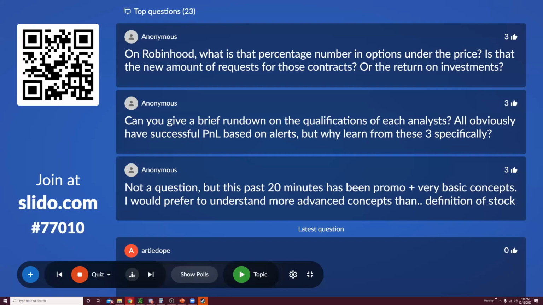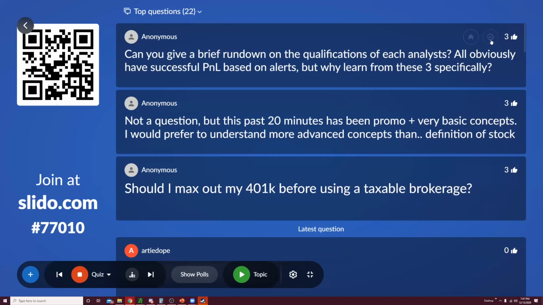I think it's just how much it's been down. Yeah, what James said. It's just how much the options have changed in percentage gain or loss from the open or the previous price. Okay, nothing crazy, it's not that important. That's good to know.